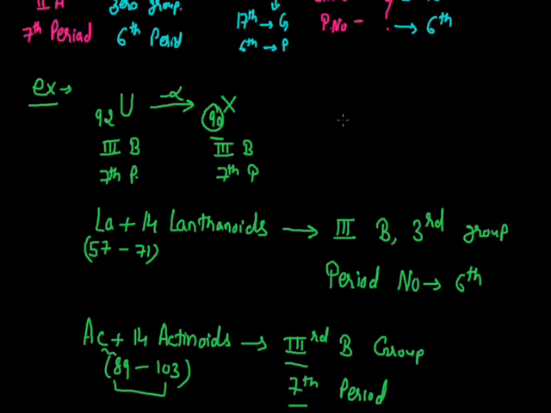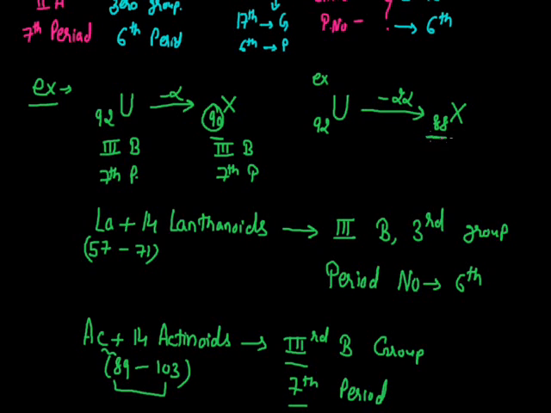But when this uranium emits 2 alpha particles, like I'm going to start with uranium 92, as another example, now due to the emission of 2 alpha particles, the newly formed nucleus will have an atomic number 4 lesser than that of uranium, so the atomic number will be 88.